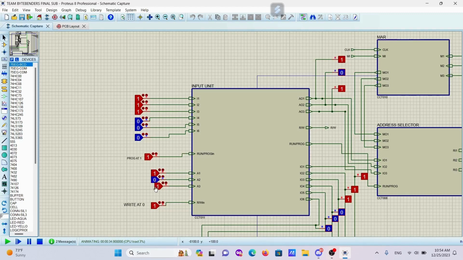So at 100 we are giving, suppose, 8. At 101 we are giving, suppose, 2. Now we will run the program. For running the program, the proc switch should be at state 0.